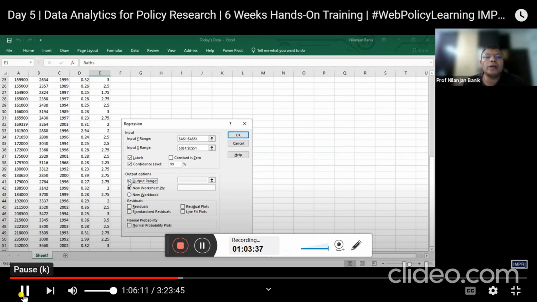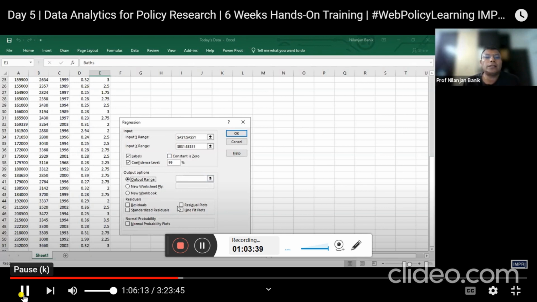And now I have to give the output range, and let's say that I want my output range to be here. There are a few other additional things I can do. Typically you want to plot the residual, because the residual is an important factor which I should see.